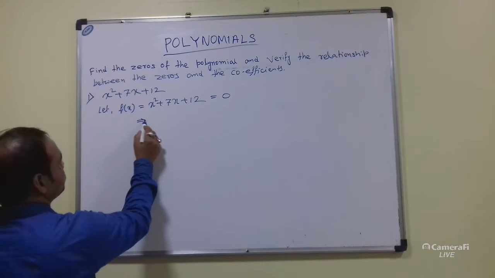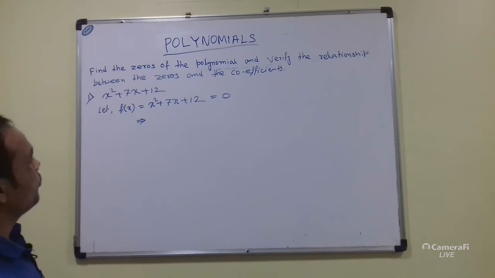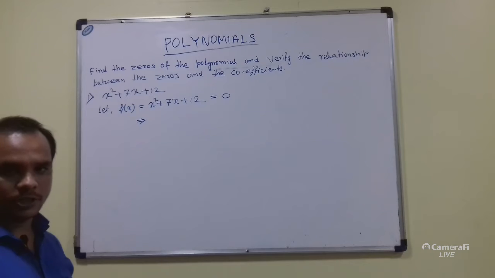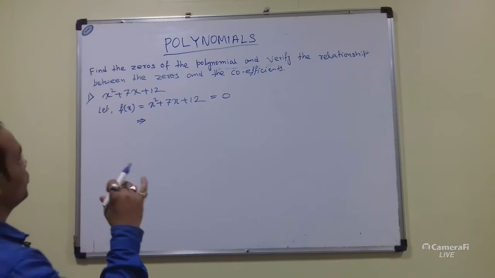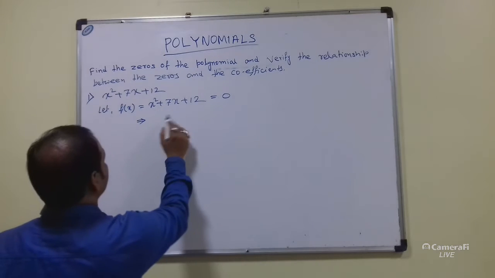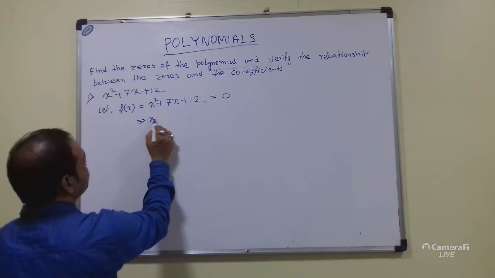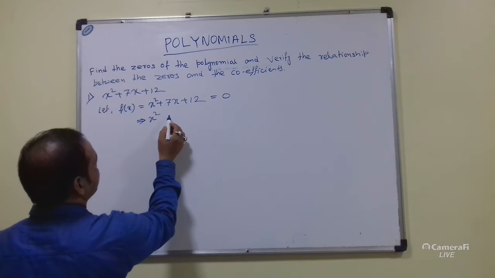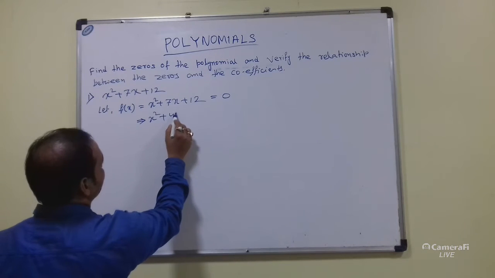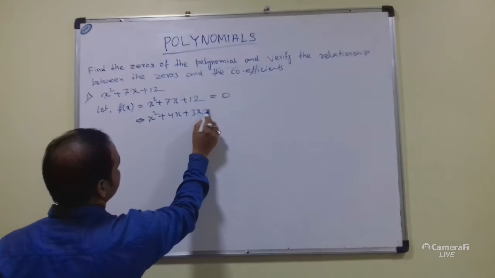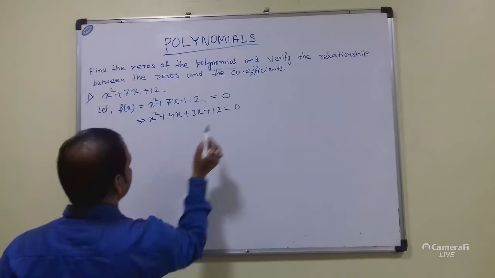Now we have to factorize this polynomial by the middle term factor method. So here we take x square plus 4x plus 3x plus 12 equal to 0.